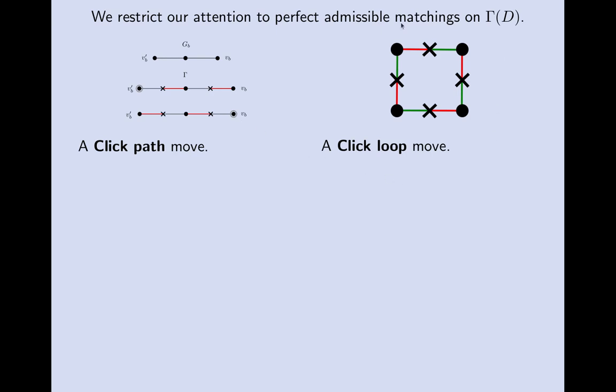If we have instead a loop, so assume that all of the red half edges here are part of a matching, we can do precisely the same thing and pass from the red ones to the green ones by shifting either clockwise or counterclockwise the red half edges. However, this does not change the position of any unmatched vertex, while the click path move does. So this is called the click loop move for clear reasons.